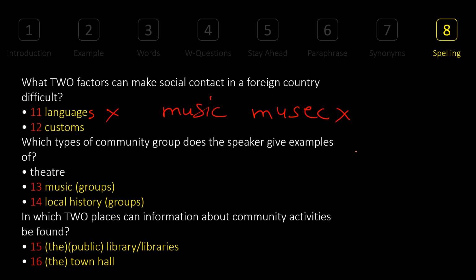One more thing I would like to clear is please try to provide all answers in listening in uppercase. So for example, we have music groups here. Try to write in this way rather than this way.